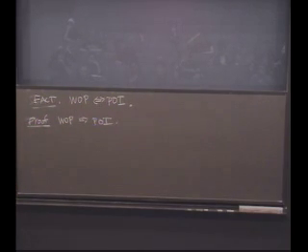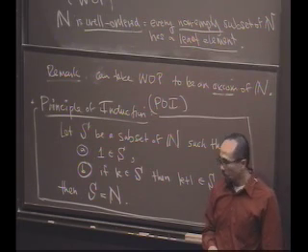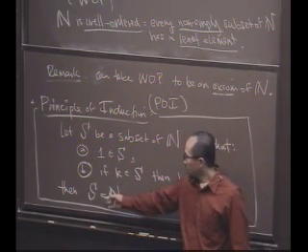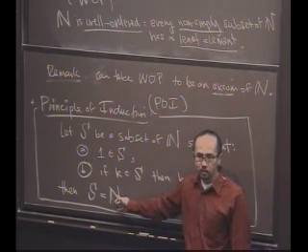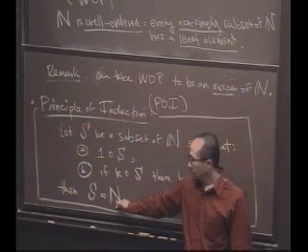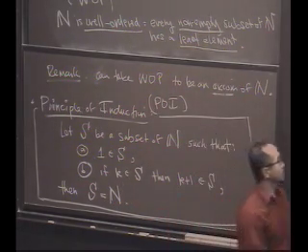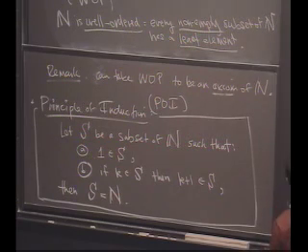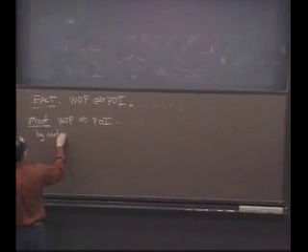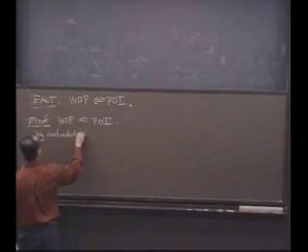So suppose you have a S with the given properties. Well, either S is N, which is what we want to show, right? Or it's not, and then maybe we could get a contradiction, right? So let's do this by contradiction. Usually you clue the reader that you are going to do a proof by contradiction.